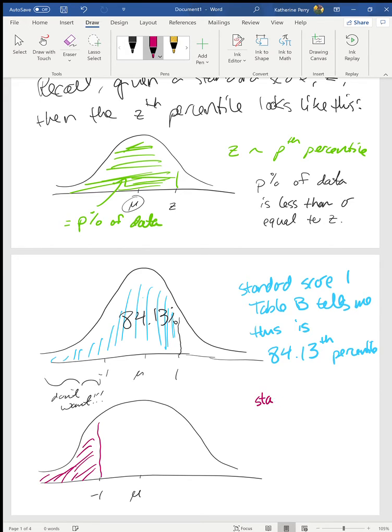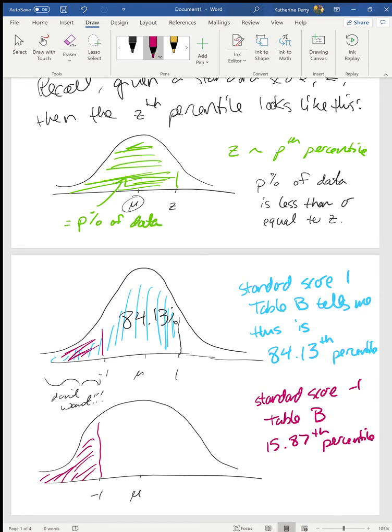So I have standard score -1, and table B tells me that this is 15.87 percentile. And so here, let me draw that on my original picture. So that's over here.